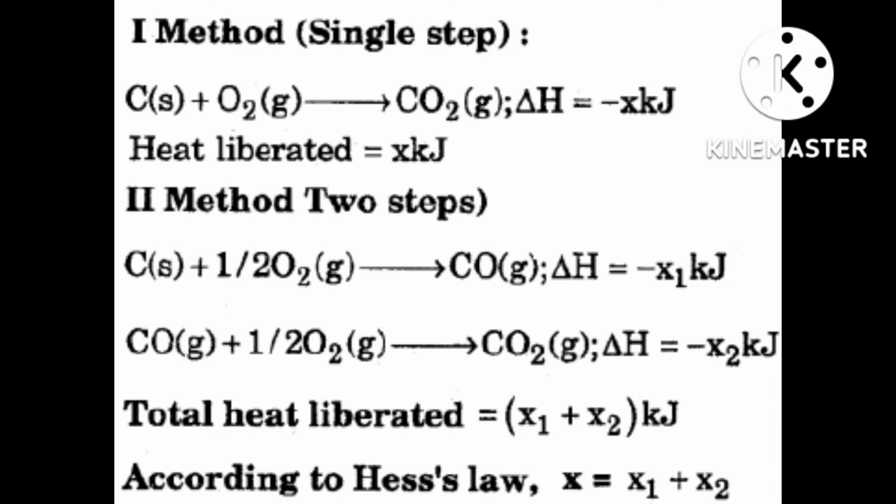Then C4H10 plus 15 by 2 O2 will give carbon dioxide and water. How many moles of carbon dioxide? 4 moles, means 4 CO2. How many moles of water? 5 moles, means 5 H2O. So the balanced equation will be C4H10 plus 15 by 2 O2 giving 4 CO2 plus 5 H2O.